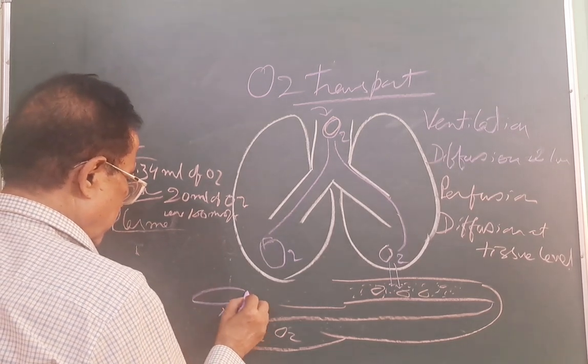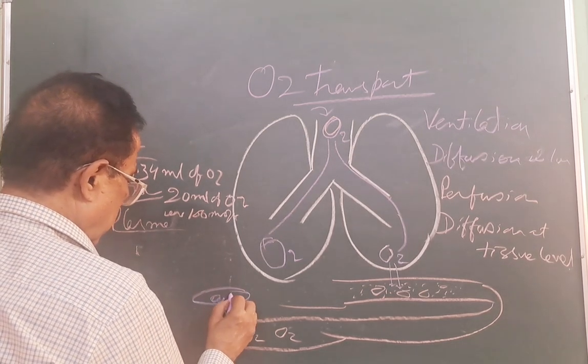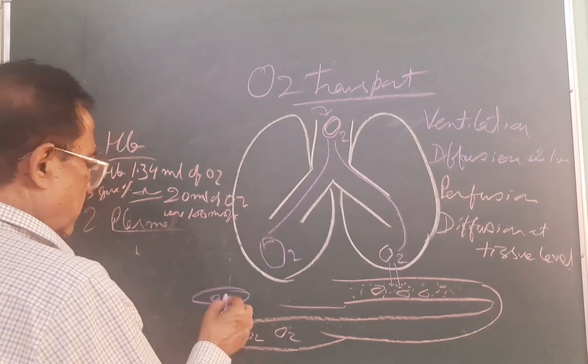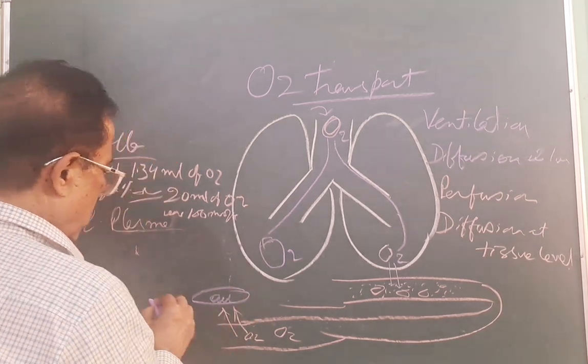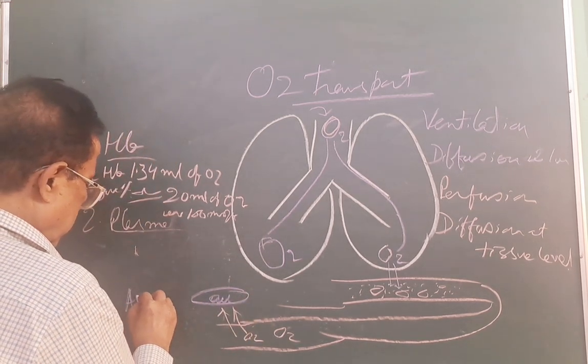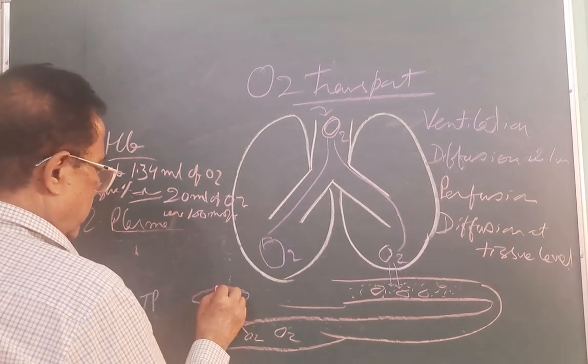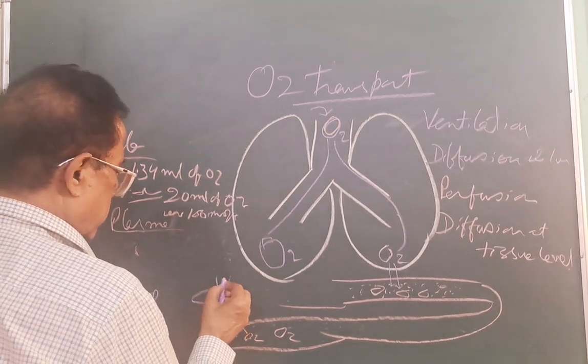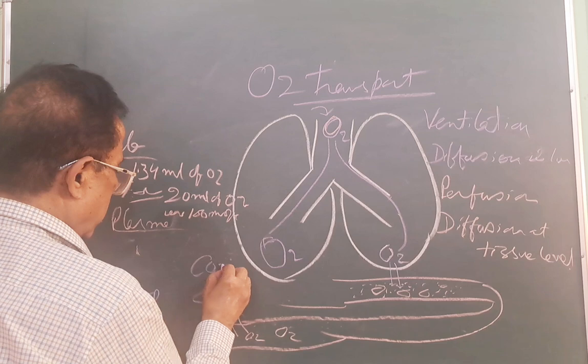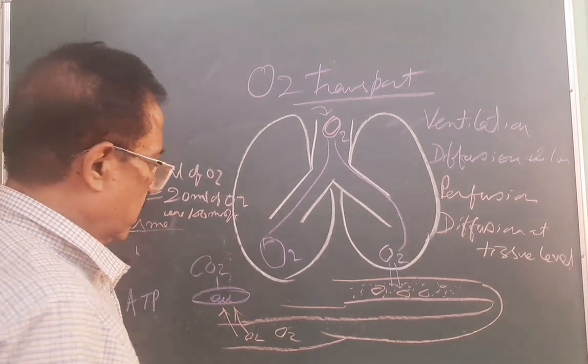And this will go into the cells, and cells will use it in metabolic function, forming ATP, and oxygen is consumed and carbon dioxide is produced due to metabolic function.